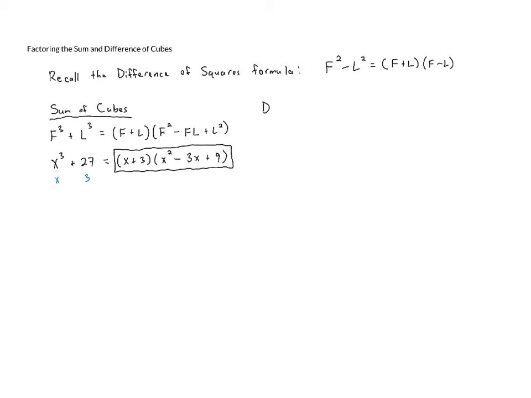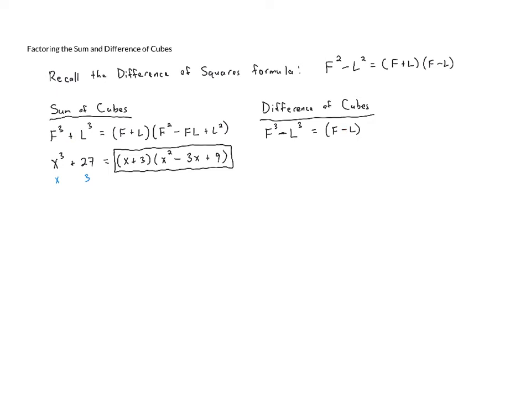We have a similar formula for the difference of cubes. So let's take a look at that and we'll do an example. Here, if we have f cubed minus l cubed, we can factor this. And the formula is very simple, but just a little bit different. We're going to start off with f minus l, which you can remember because we've got a minus here.